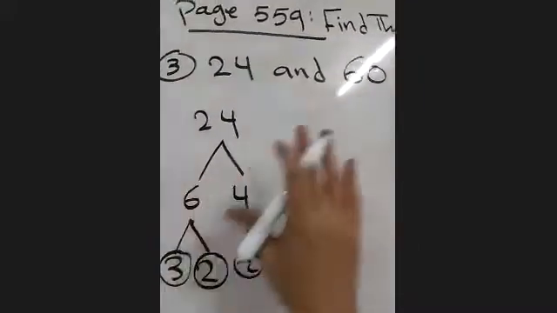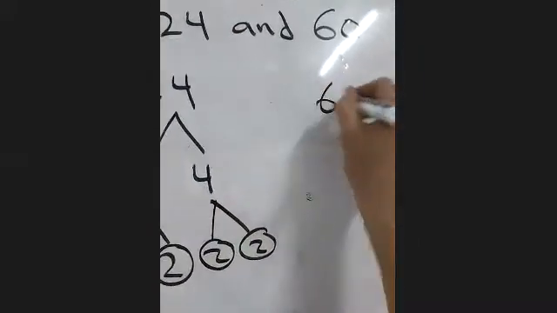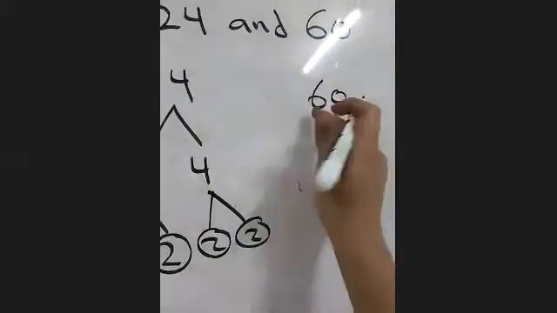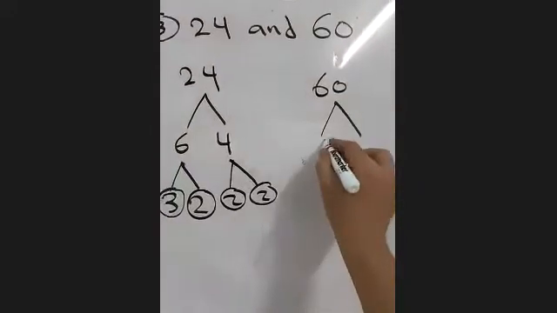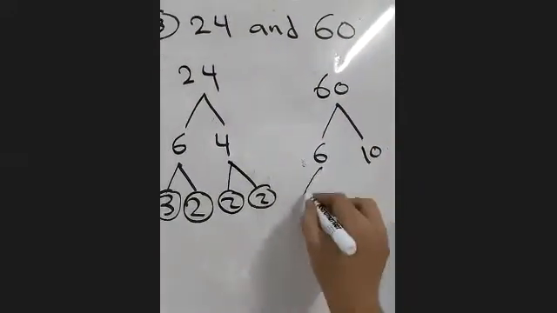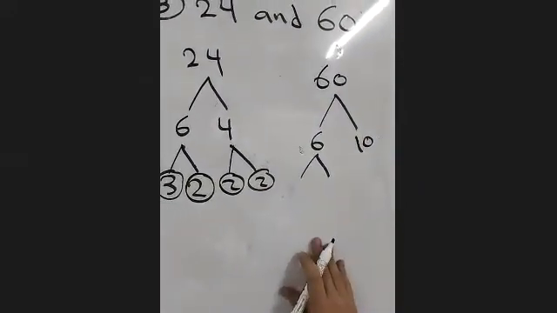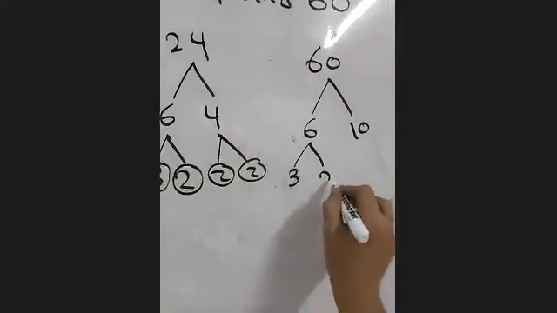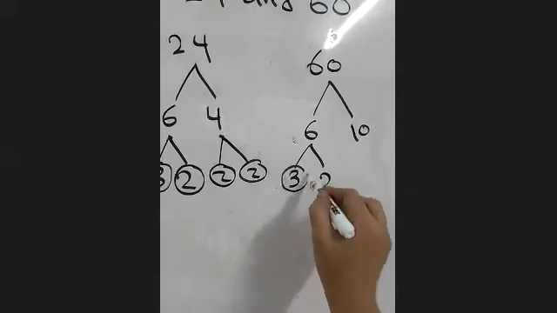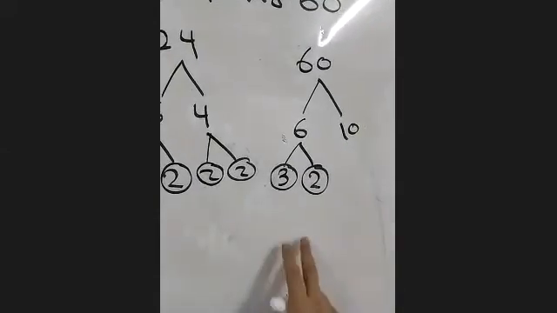Let's do the same for the 60 now. Give me 2 numbers. If you multiply them, you get 60. 6 and 10. Now the 6 equals 3 and 2. Can we do more for the 3 and 2? No. We put circles.